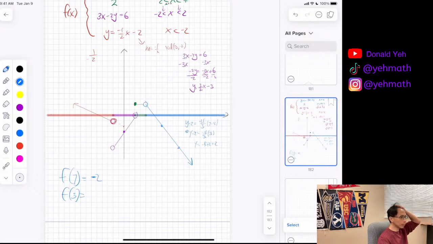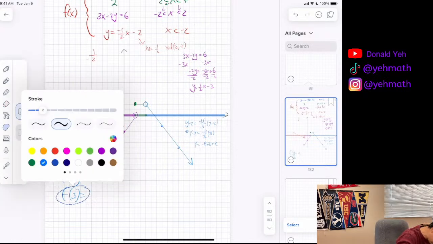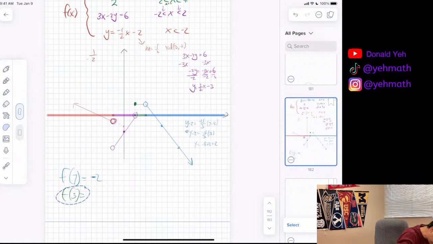How is it 2? It's on the graph. Good. Go to 3, and remember, this is a green function, so let me change this to green. Does that make sense?